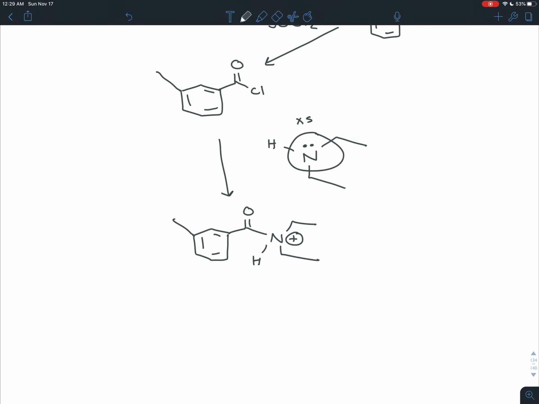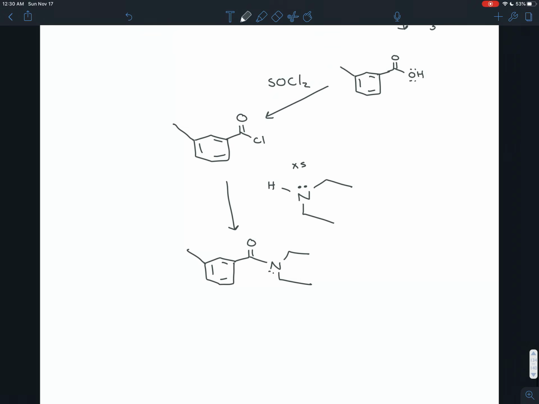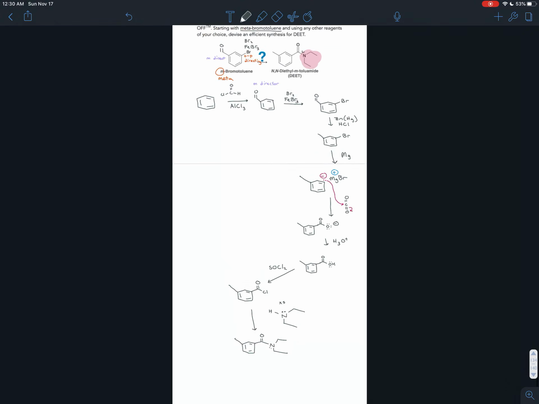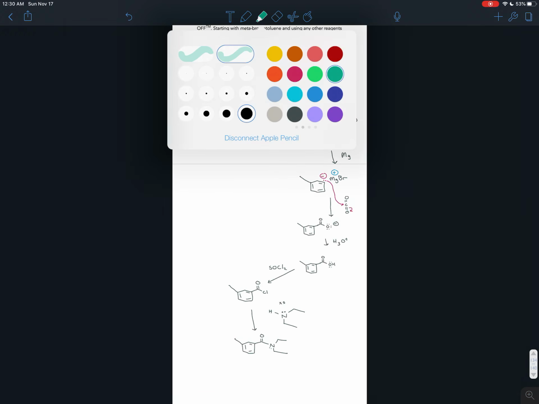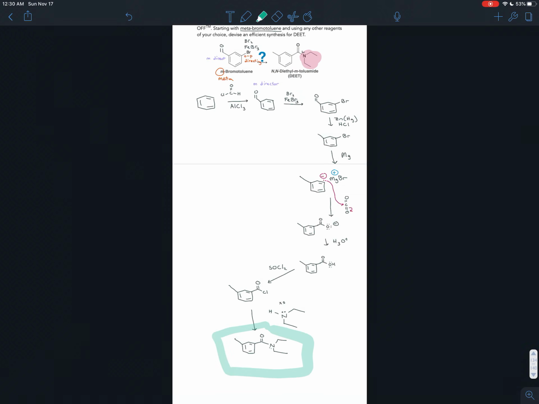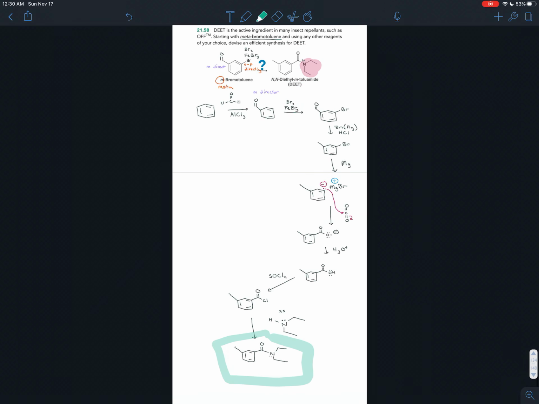A second amine could steal this H plus and have the electrons snap back onto that nitrogen, stabilizing the charge there. And lo and behold, there is DEET. So that is DEET. So we were able to make DEET.